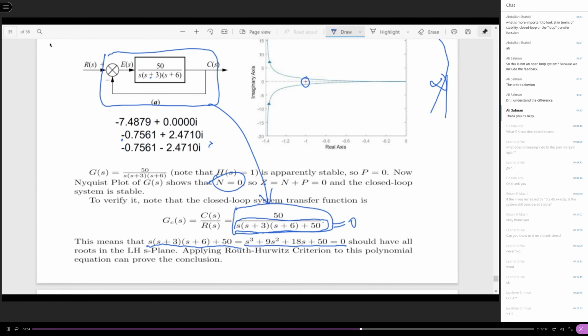Yeah, it is solvable, but it's more complicated, right? But if you do not want to solve this polynomial, then you can apply the Routh-Hurwitz criterion to this specific closed loop transfer function's denominator polynomial equation. Be careful.